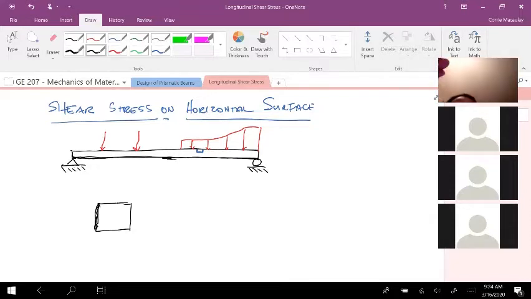Where did we say the maximum normal stress occurs on a beam? The furthest distance from the center, or from the center line, the neutral axis, right?